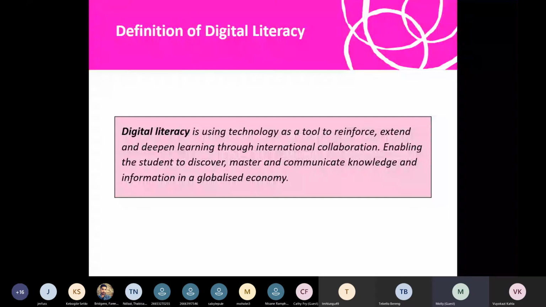Now, I want to do a temperature check, okay? On a scale of 1 to 10, using this definition, I want you to assess where you think you are in terms of digital literacy, and then where you think your school is.